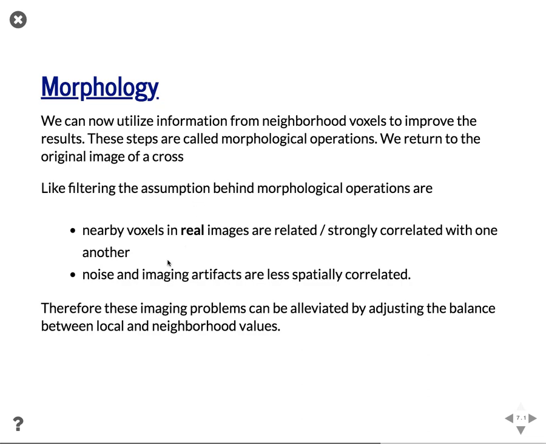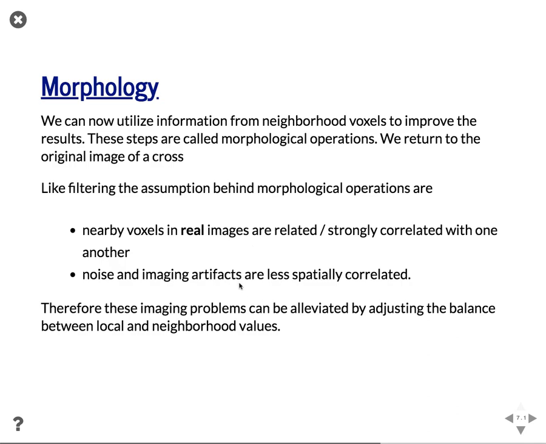The assumption behind this is that nearby voxels in real images are strongly related or correlated with one another. So if you have two voxels of heart tissue here, it's unlikely that the pixel next to it is all of a sudden a completely different type of tissue. It's very likely that it will also be heart tissue.